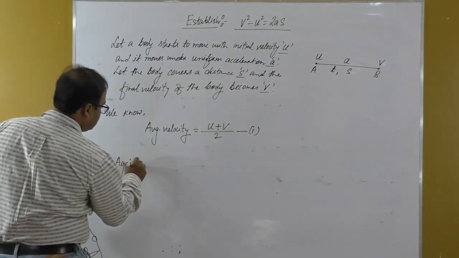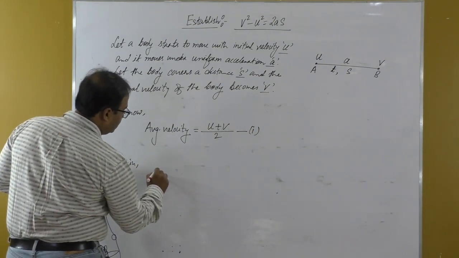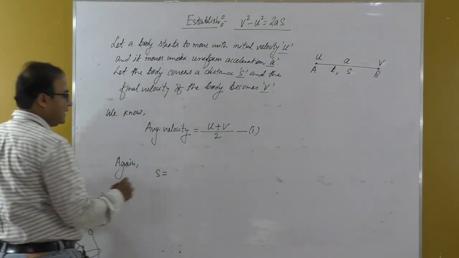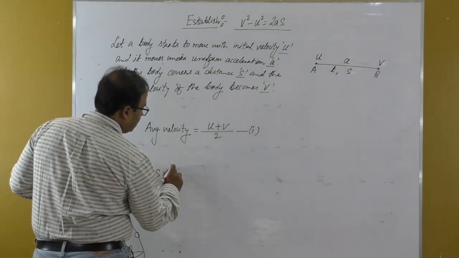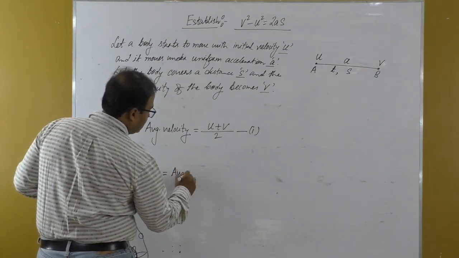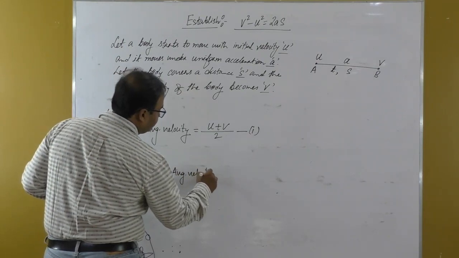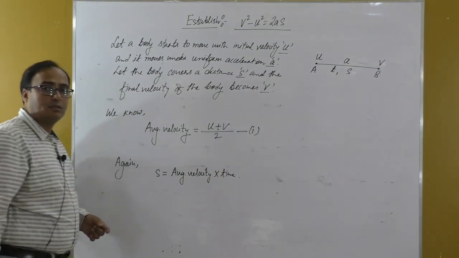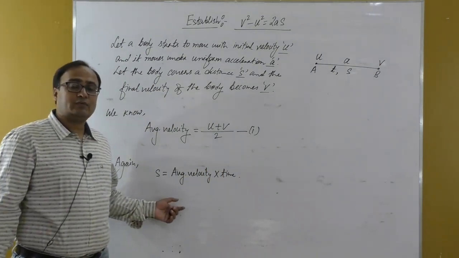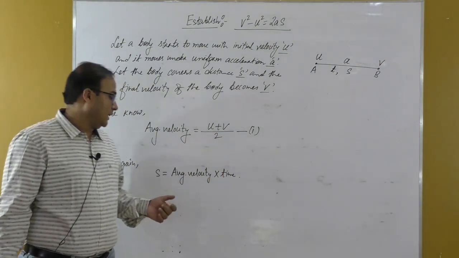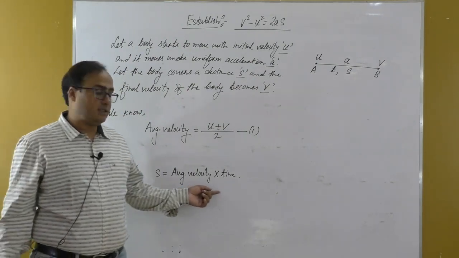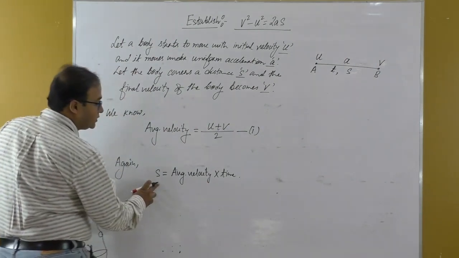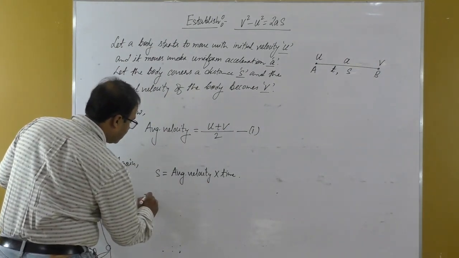Again, we know that distance covered or displacement is equal to average velocity into time taken. We have already discussed while proving equation 2 that s equals average velocity into time. So s equals average velocity into time.